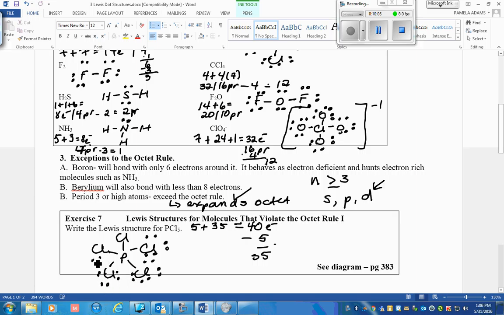And it does. And we are done. We will notice that the octet rule has been satisfied for all of the ligands, and the phosphorus has 2, 4, 6, 8, 10 electrons around it. It is capable of doing so because it is in period 3.